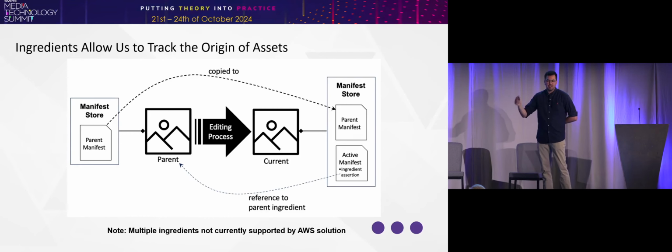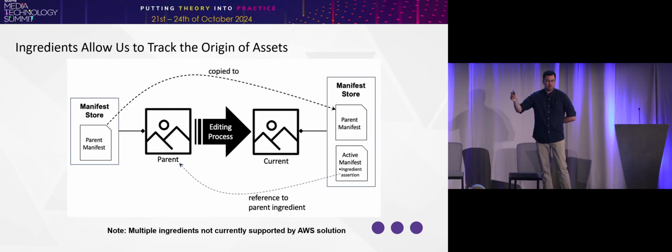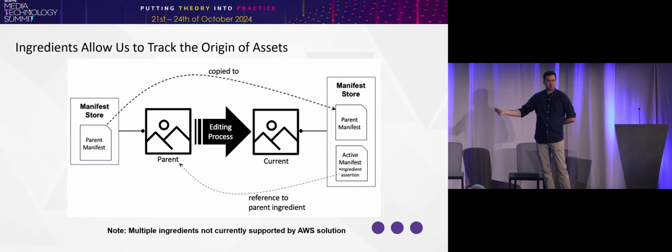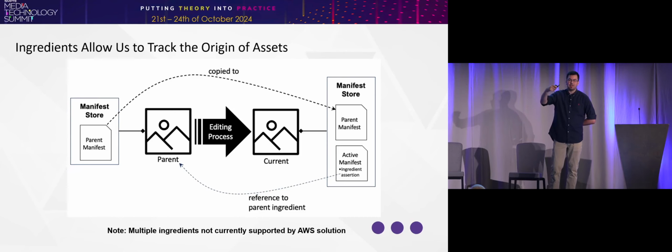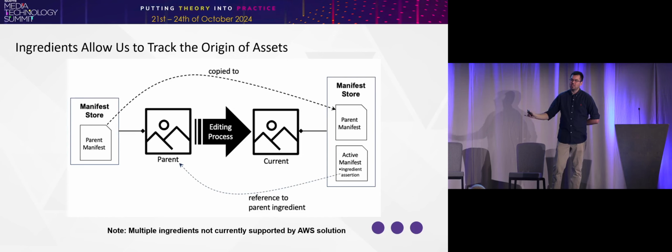When you go to create that C2PA, what we do is we copy all of the content from that previous manifest into a parent manifest within one manifest store. However, the active manifest contains the current changes from your parent to current. If you want to traverse and go further back, you then traverse the parent manifest, which continues that same iterative process of linking back to previous assets. And you get that full lineage of history change to the current parent or whatever version of the asset you want to see.